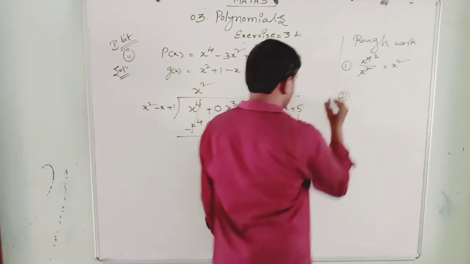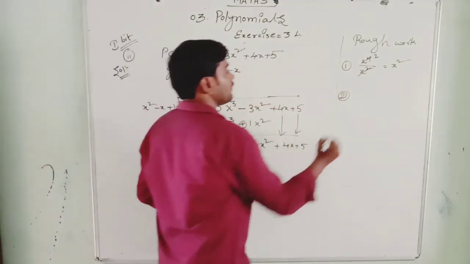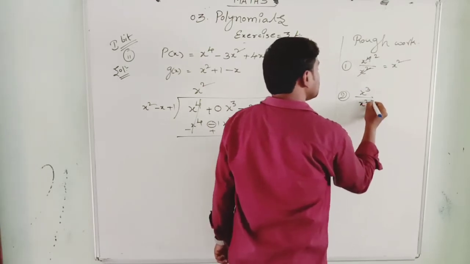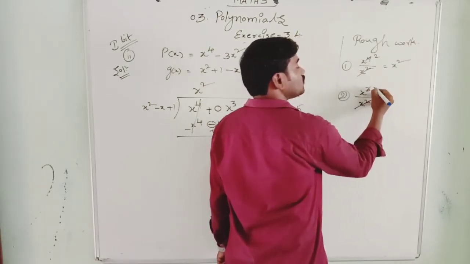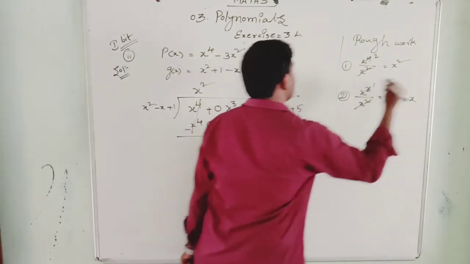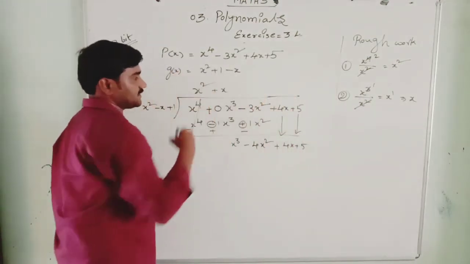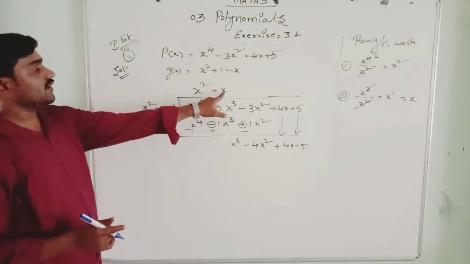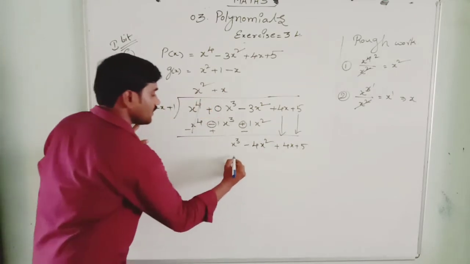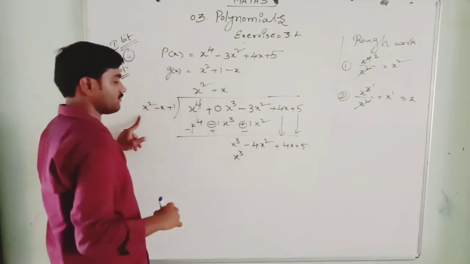The second one, x cube, we have to divide by the first term, that is x square. Out of 3, 2 cancel, 1 is left, that is x to the power of 1, nothing but x. So we write plus x. With plus x we have to multiply this. X into x square is x cube.